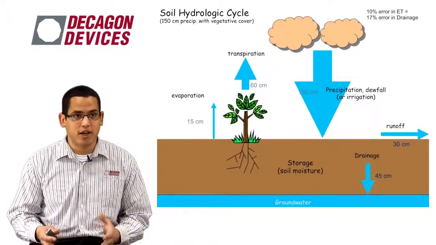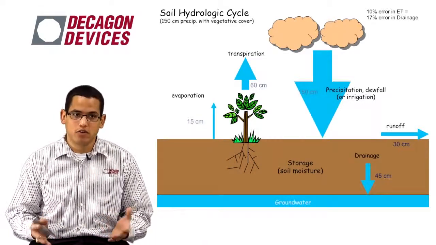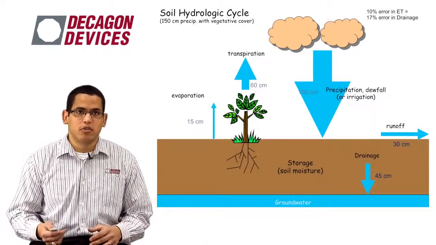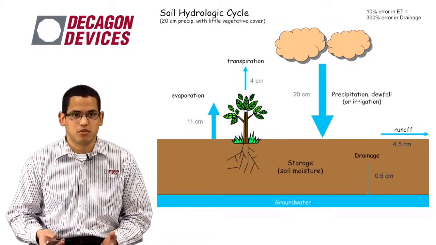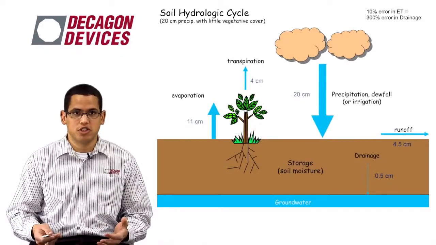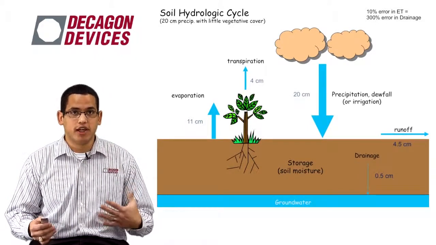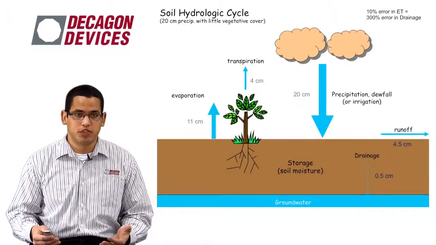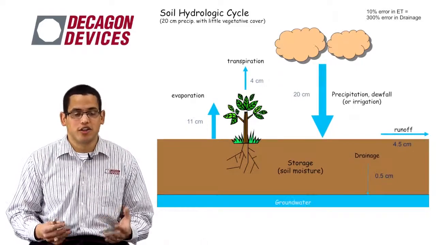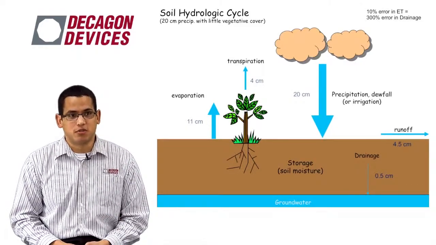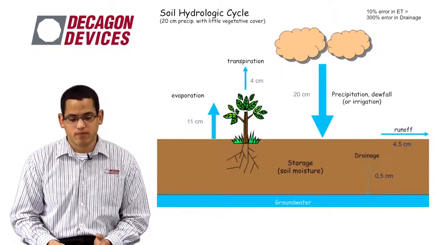That's not bad, it's a good drainage measurement value, and it works out well for this area. But then say we have 20 centimeters of annual precipitation, and we again have a 10% error in the evapotranspiration measurement. That results in a 300% error in drainage, which is just unacceptable and would not work well for this area.